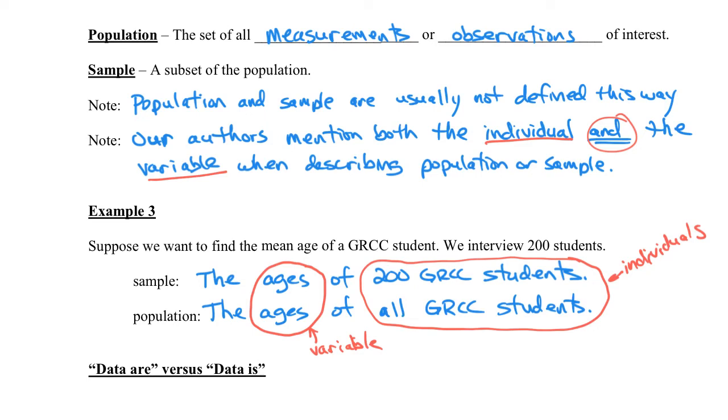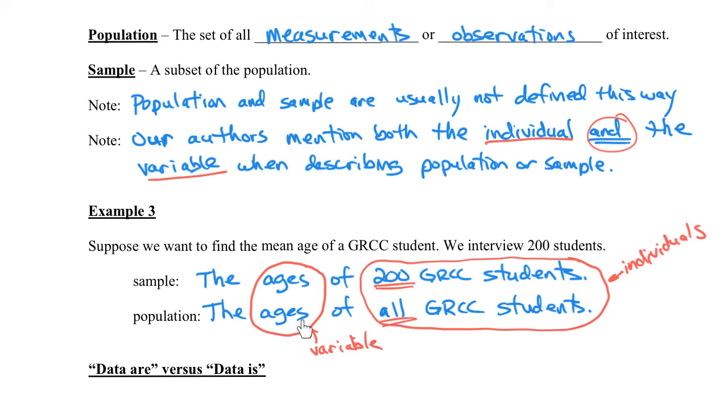And then here's the key. Right here, we've got 200 for the sample, all for the population. That is really the only difference here. The only difference between these two is for the sample. Remember, the sample is a subset of the population. So the population is the thing we're measuring on every GRCC student.